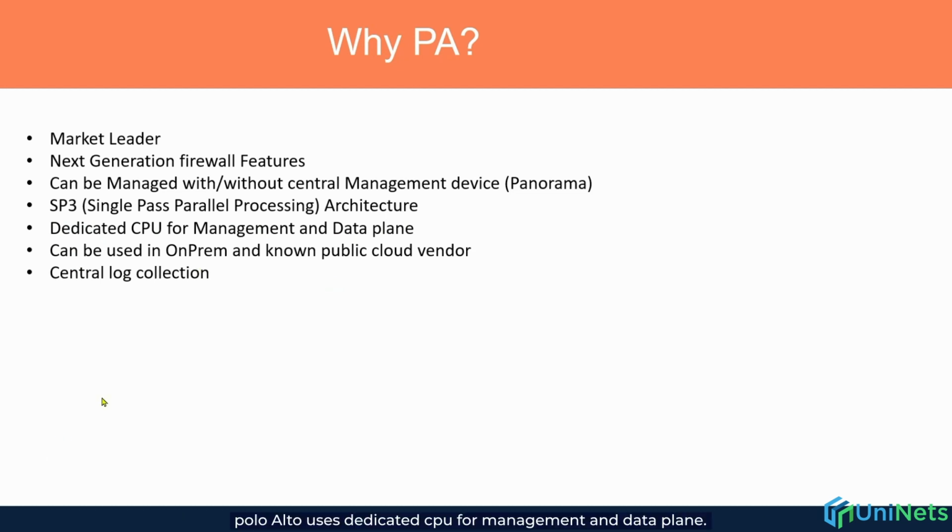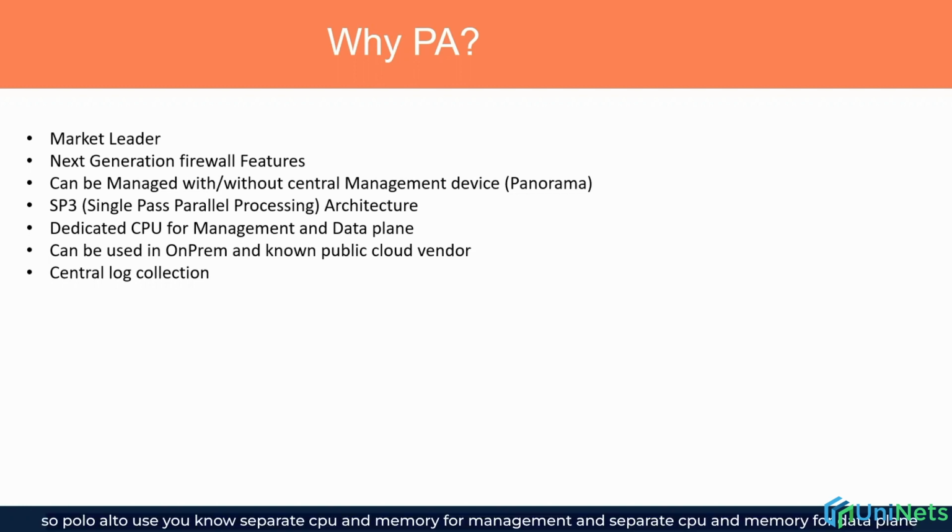Palo Alto uses dedicated CPU for management and data plane. Hopefully you are aware of the management and data plane. If not, the management plane is used to access the firewall and to configure the policy, and the actual processing is done by the data plane. Packet filtering or packet inspection would be done by the data plane.